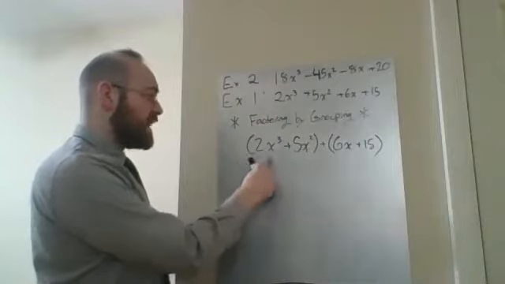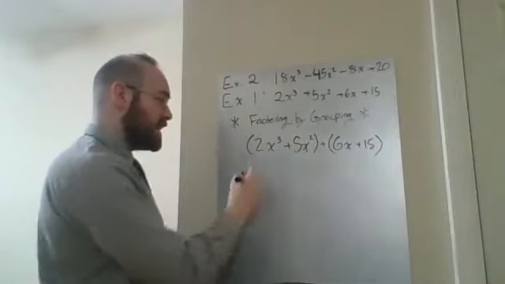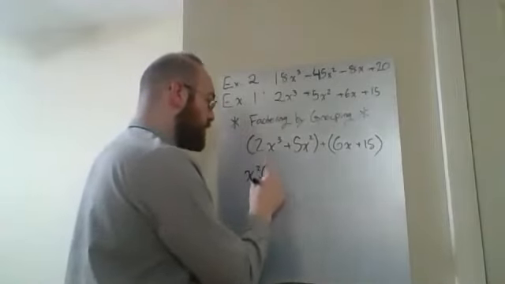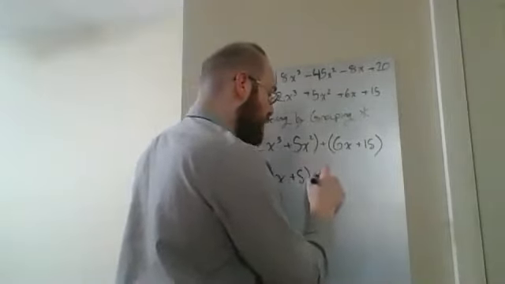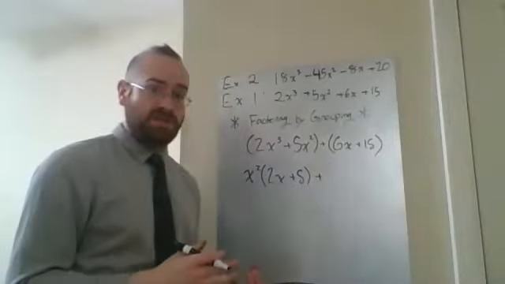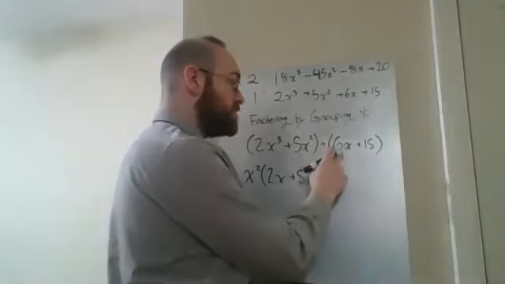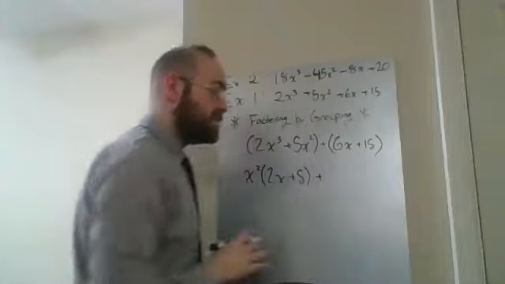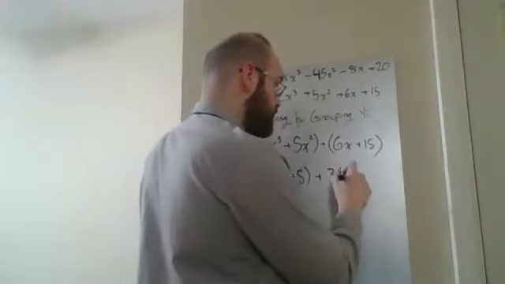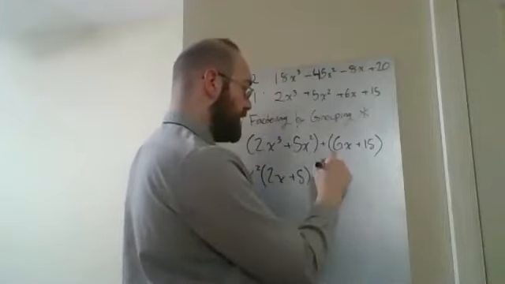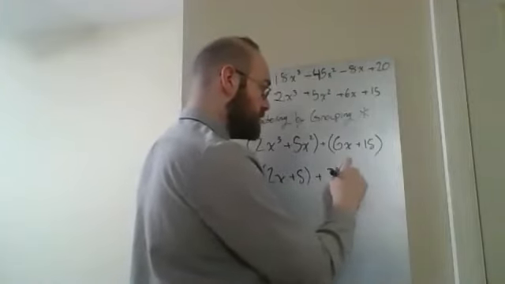In this case, the highest thing that they have in common is x squared. So I'm going to factor out x squared. So I have 2x plus 5. And then I'm going to factor out the GCF of the second pair. The GCF between 6x and 15 is 3. So I factor out 3, and then let's keep going.